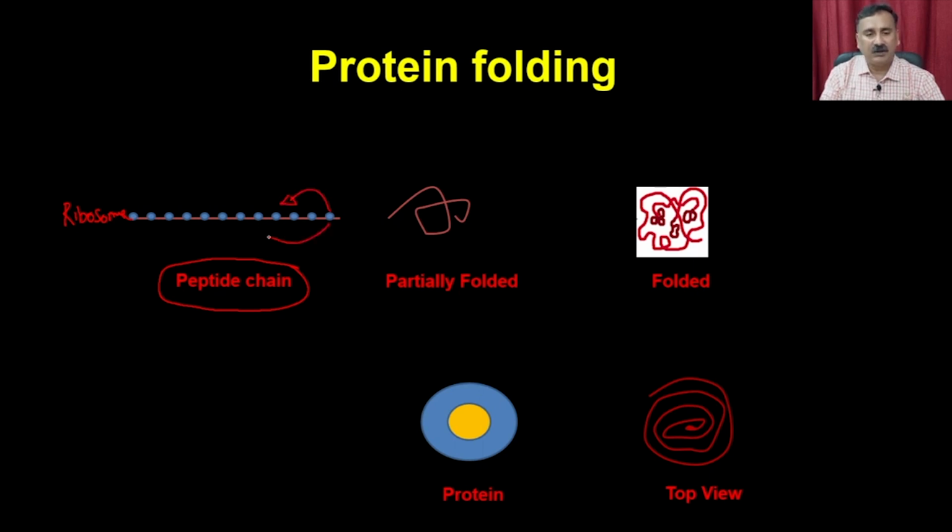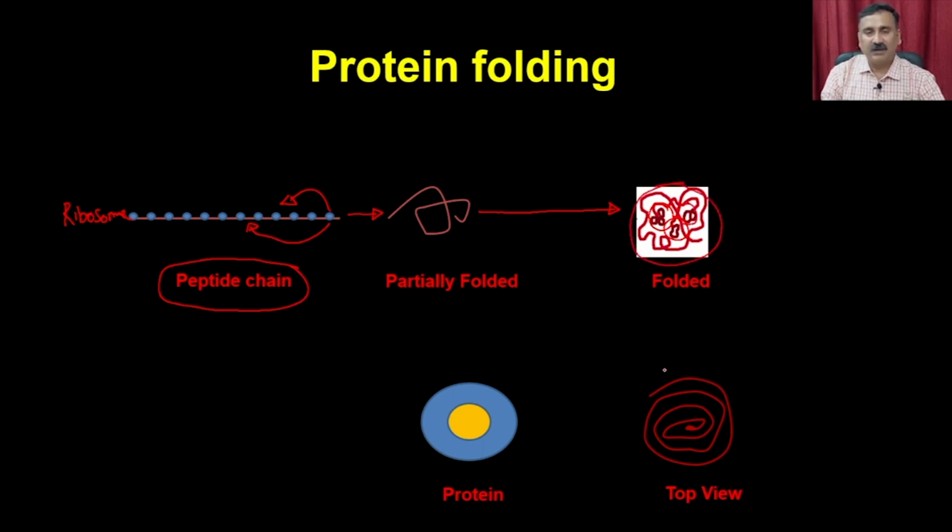Based on these molecular interactions, the amino acids are first partially folded, and then this partially folded protein acquires additional interactions and is completely folded. In this folded protein, the hydrophobic residues are arranged in the center, and the hydrophilic residues outside.